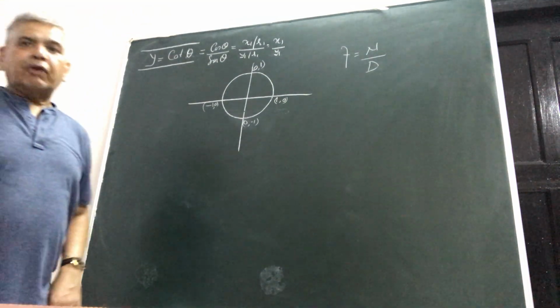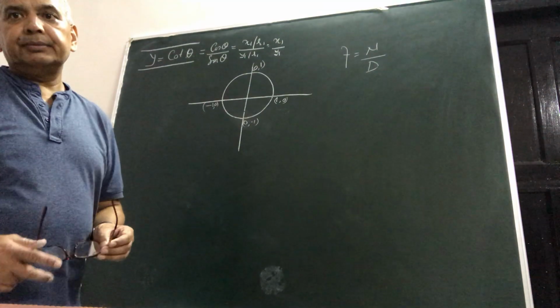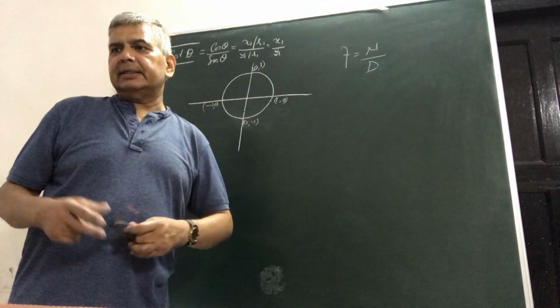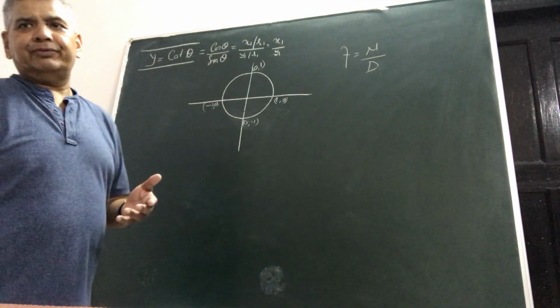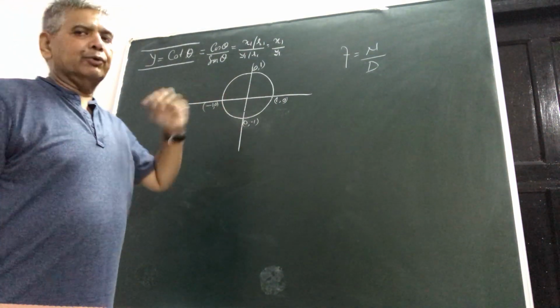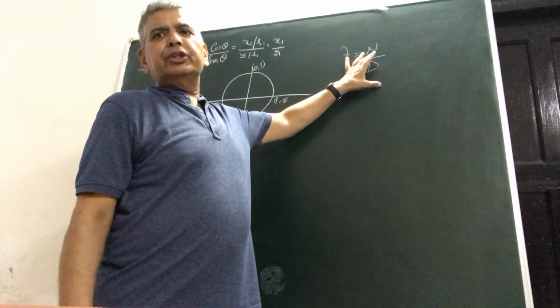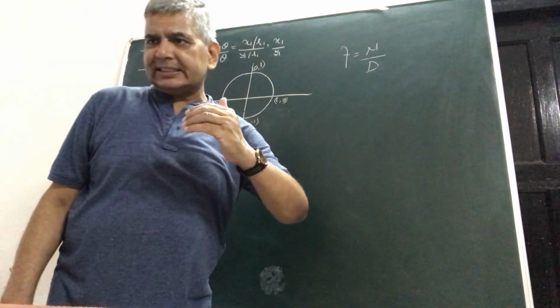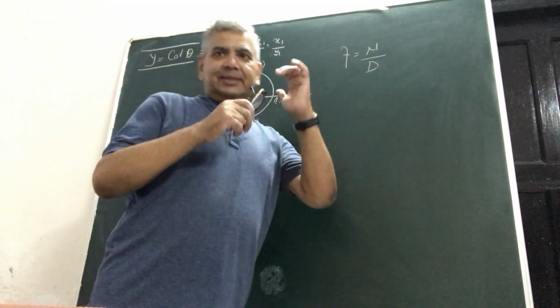So why was I saying that this coordinate system is very beautiful? Because when you go from the first quadrant to the second, to the third, to the fourth, nowhere will you encounter a situation where both numerator and denominator are simultaneously increasing or simultaneously decreasing.